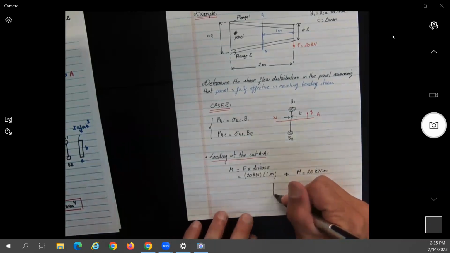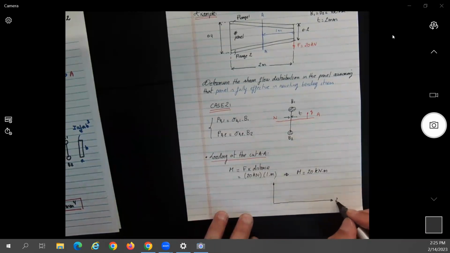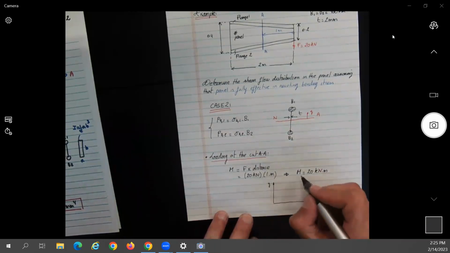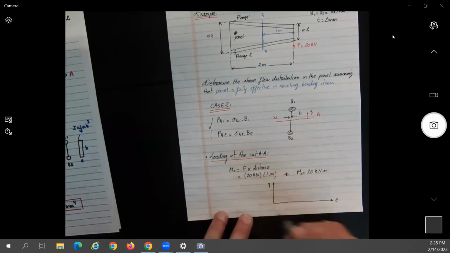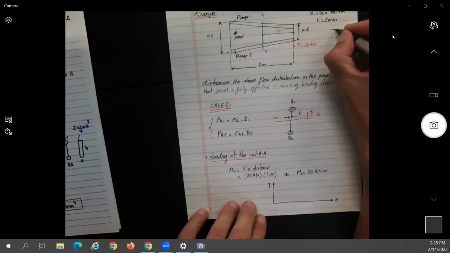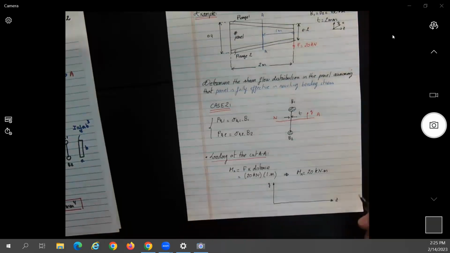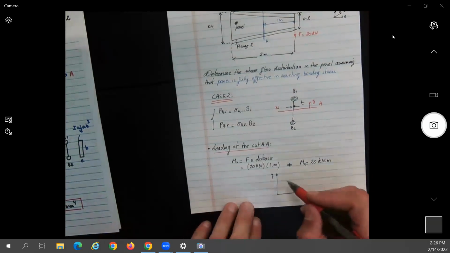We don't need this for the problem, but just for understanding, if you needed to do the figure, let's say this is Y, this is X, so let me call this Mx, and this is Z, Y, X. What does the bending moment diagram look like?